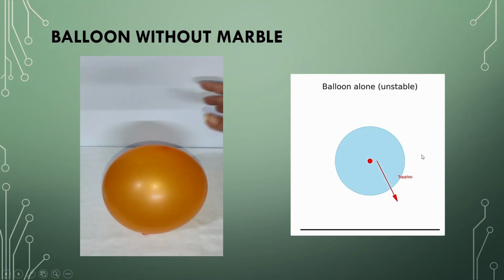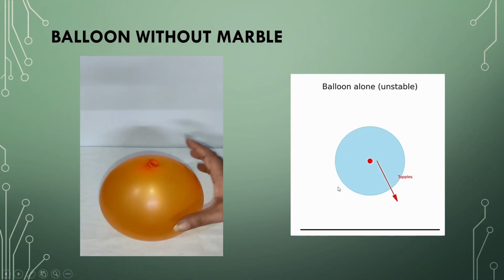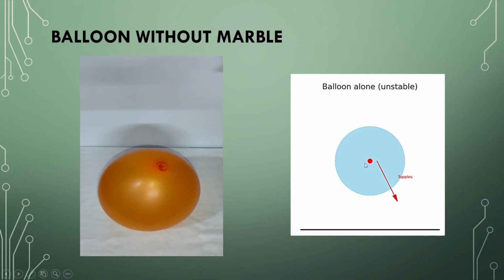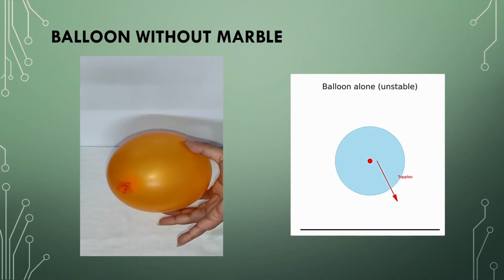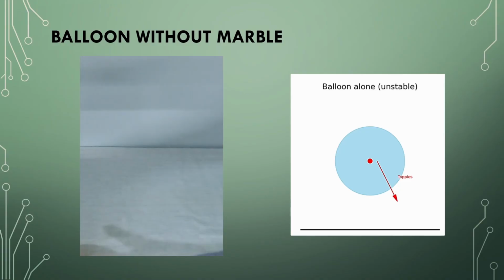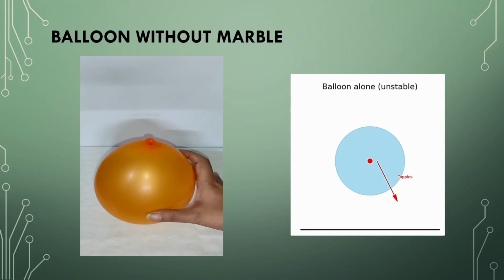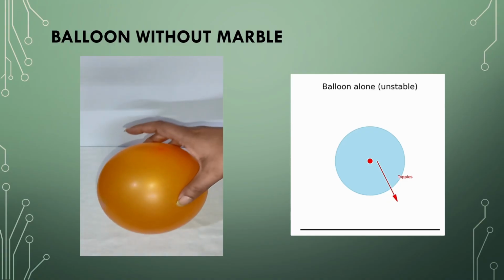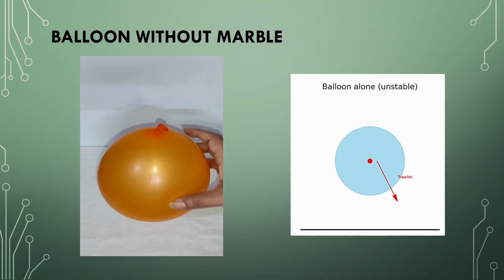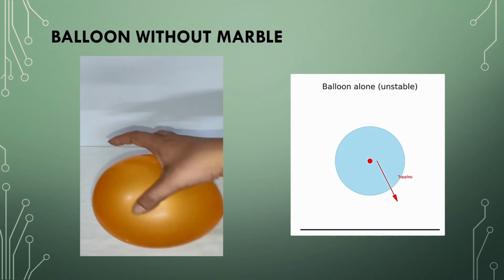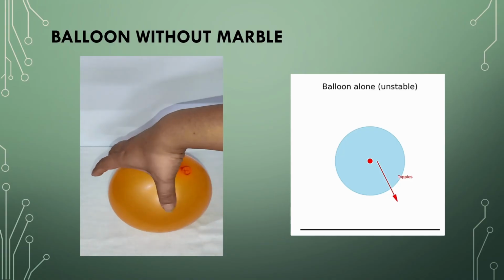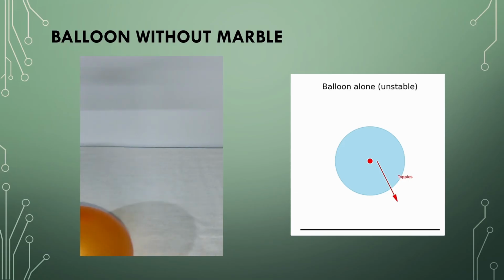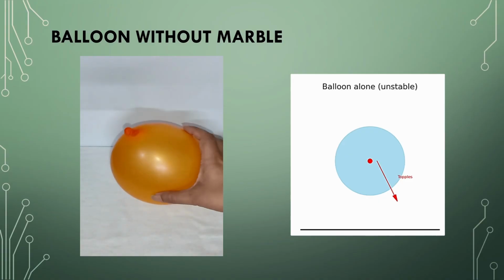If we go to the schematic diagram, if this circle is considered as the balloon, then the center of mass lies exactly at the geometrical center, which is very high up from the tabletop, and it also has a very narrow bottom area. That's why small disturbances make the vertical line from the center of mass fall outside the base area. Hence, the balloon is tipping over.